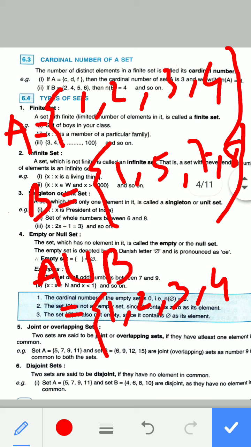The elements we have to write are 5 7 8. So A union B equals 1 2 3 4 5 7 8. Taking all the elements of A and B, the set we get is called A union B. And A intersection B means only the common elements between A and B.